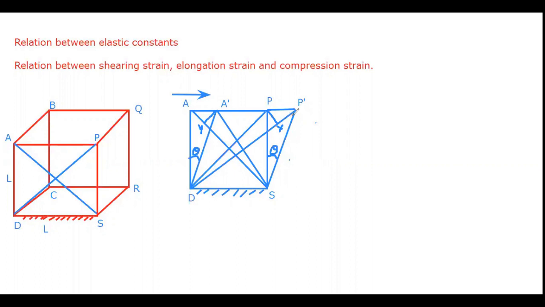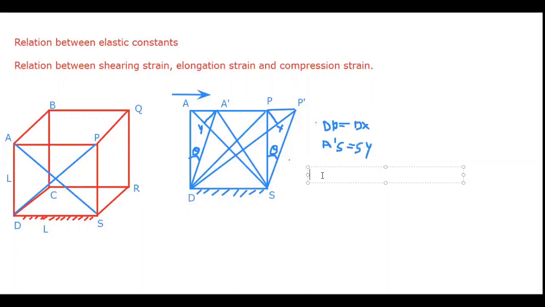P dash X is the extension along DP, and AY is the compression in the diagonal AS.